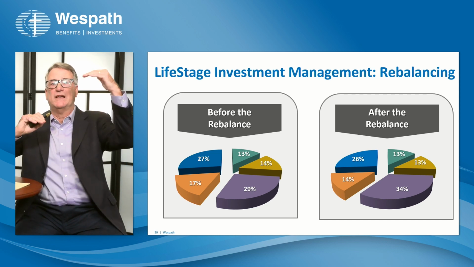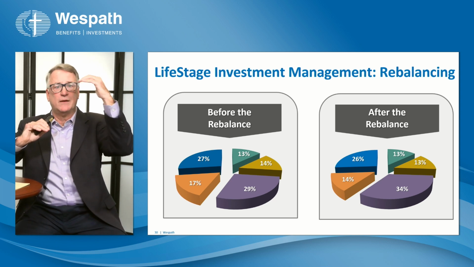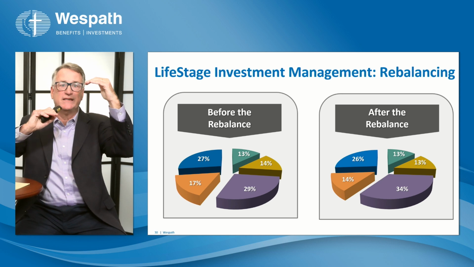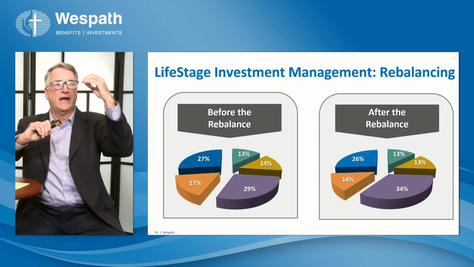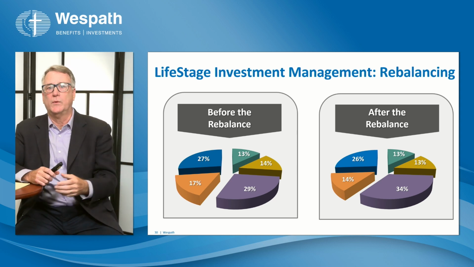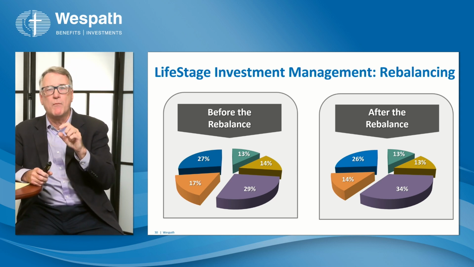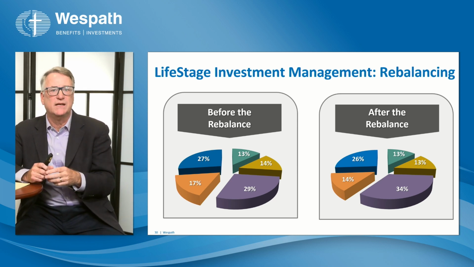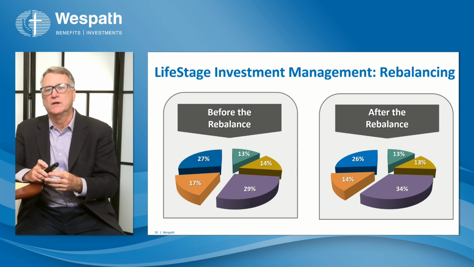So if you went from 70-30 to 80-20, well, we're going to sell off that additional 10% to get you back to 30. If you went to 60-40, same thing. We're going to start to shed some of that income side to get that down and bring up the equity side to get that back to where we want it to be. And because we do it that way, history tells us that there is a marginally higher potential rate of return in the way you're investing with us because of the way we're actively managing that over time.